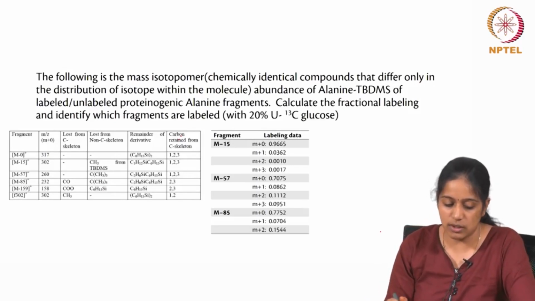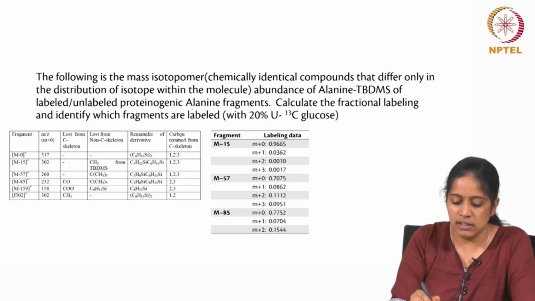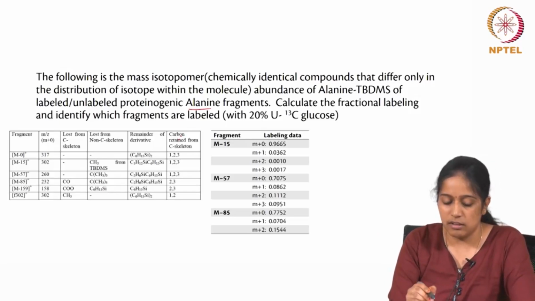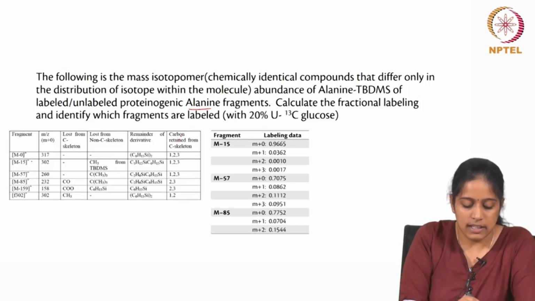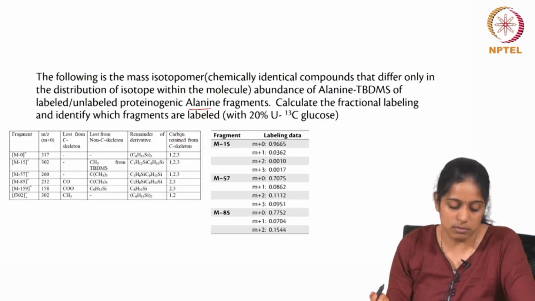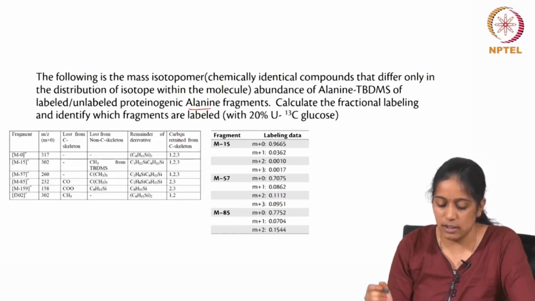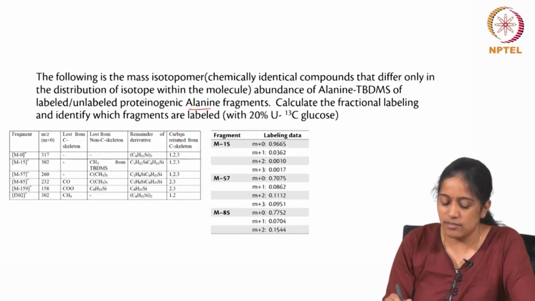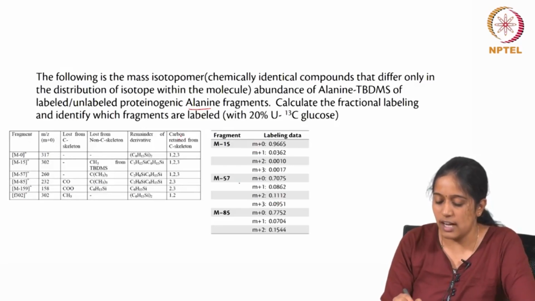So, as I was already telling you, alanine is a 3 carbon amino acid, and there are different fragments which you can observe when you pass them through a GCMS equipment, and here you have the information of every fragment and the mass distribution vector for every.